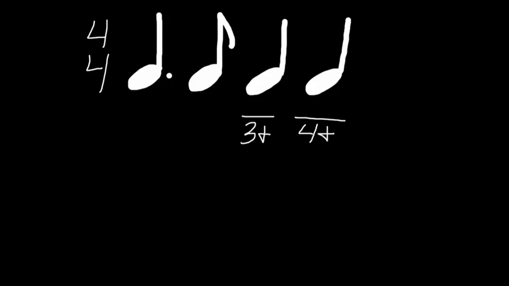When we're finished diagramming this measure, we should have 1 and, 2 and, 3 and, 4 and, all accounted for. Remember that when the line is drawn on top of the rhythm, we're only going to say this first thing that's underneath the line. So to count the end of this measure, we would just say 3, 4, instead of 3 and, 4 and. The and is said in your head.